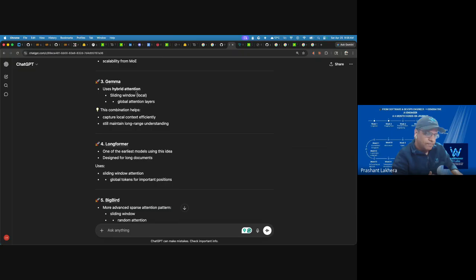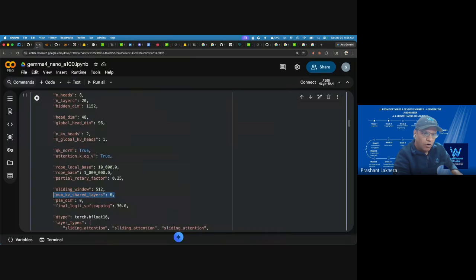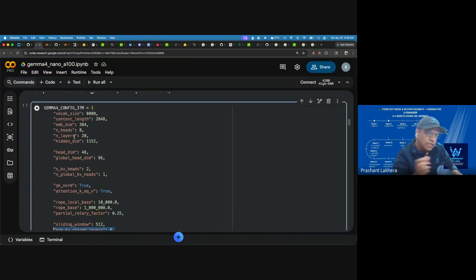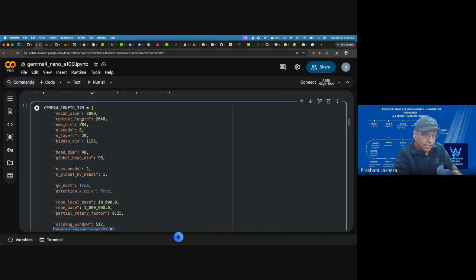You're right. Prashant, I just want to see the part because you are specifying all the things required for the Gemma model, all the values and parameters that it requires. But where did you actually import it? Is there a library? No, no, no. We are going to call all these parameters when we build the model. There is no library or anything like that. We just define it and you will see.